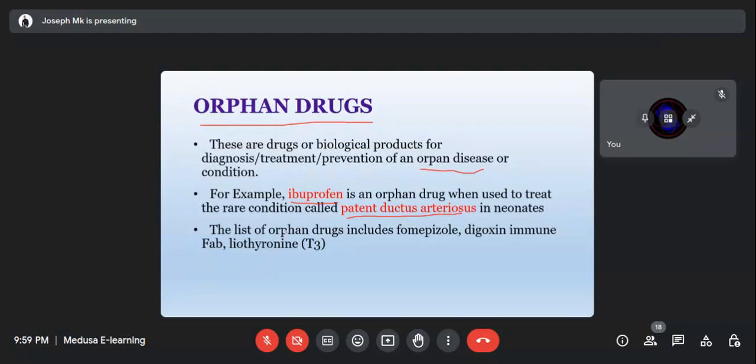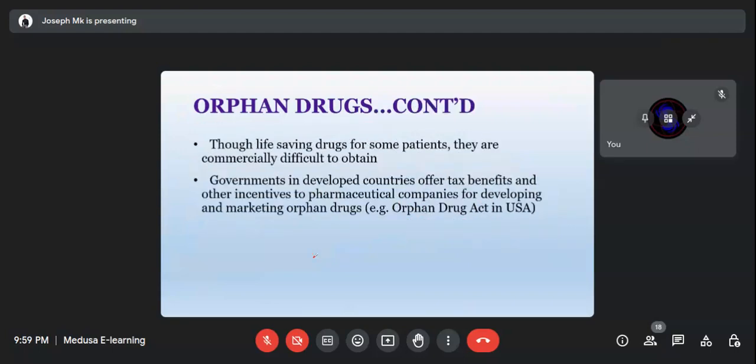Okay, thank you. So now the examples. These are some of the examples of orphan drugs: ibuprofen and the T3. This is also talking about the same thing I already mentioned. Though life-saving drugs for some patients, they are commercially difficult to obtain.